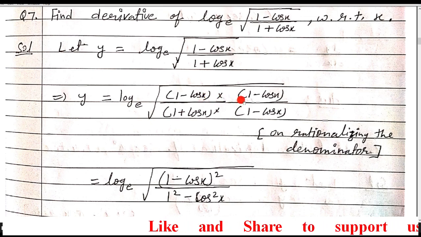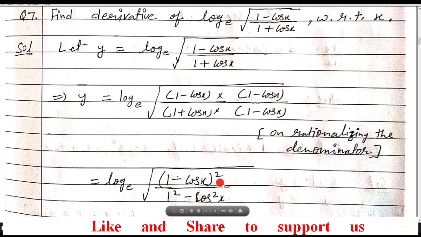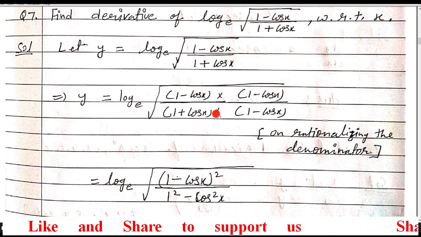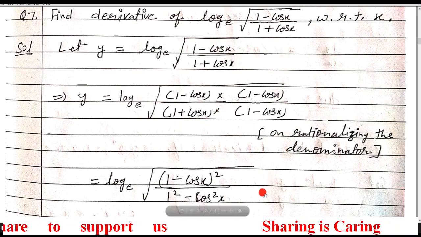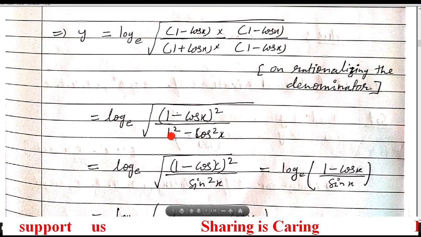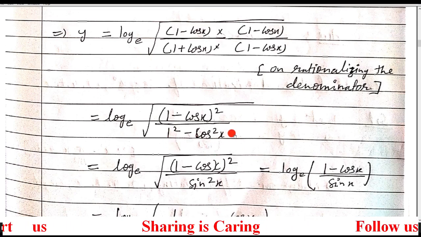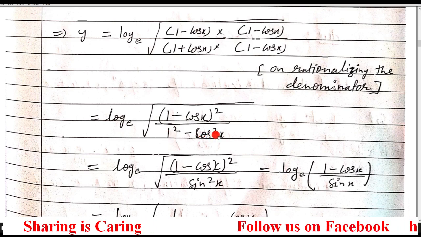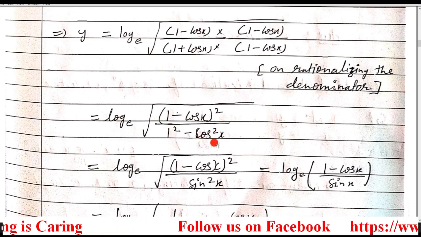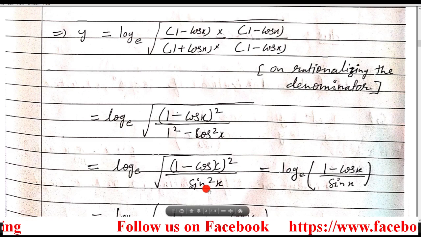Both brackets are identical, so it is going to be (1 minus cos x) square, and the denominator is in the form of (a plus b)(a minus b), so we can use the formula a square minus b square. Now 1 square is 1, so 1 minus cos square x, as you know, is sin square x.